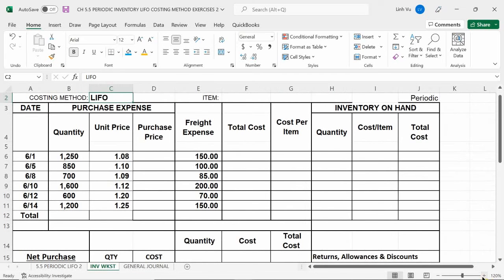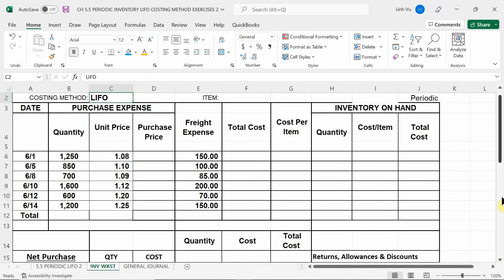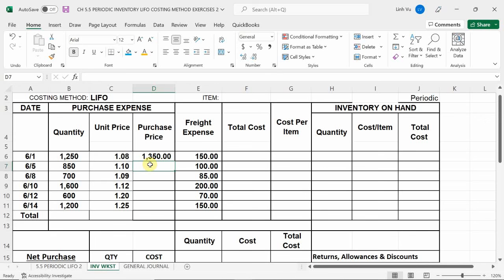Okay. So for instance, number 1, on June 1st, we purchased 1,250 units at $1.08. So what is my purchase price here? $1,350. 1,350, okay?